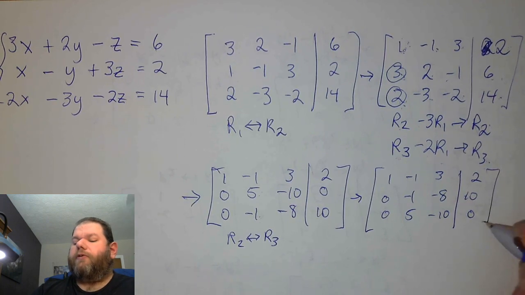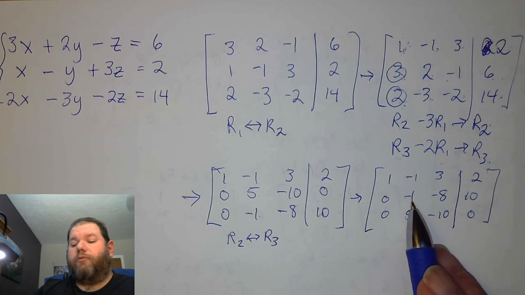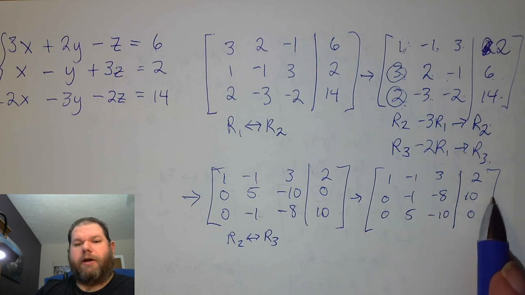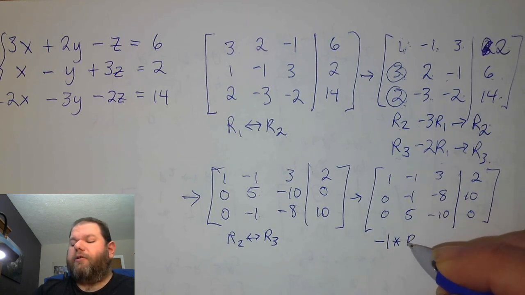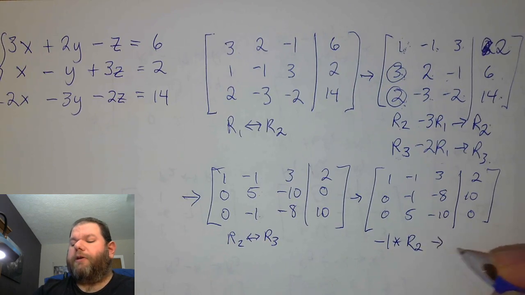And now we're almost there, except to get this to be a 1, we still need to multiply that whole row by a negative 1. So we'll say negative 1 times row 2 will be our new row 2.